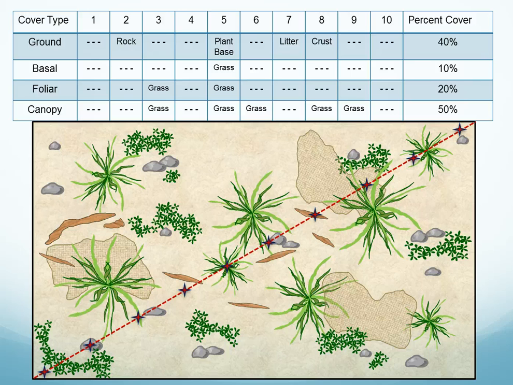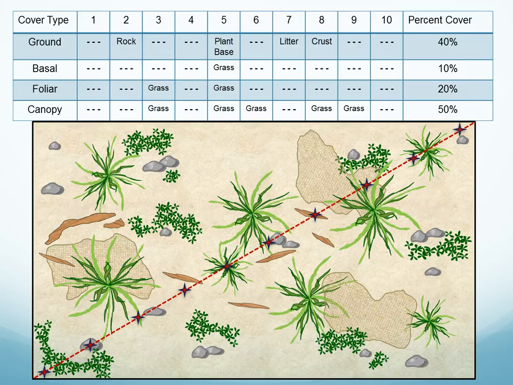The first point did not hit anything. In the second point, there were no hits on any plant materials, so basal cover, foliar cover, and canopy cover do not have any hits, but there was one hit on the rock for the ground cover category, so that is recorded as rock.